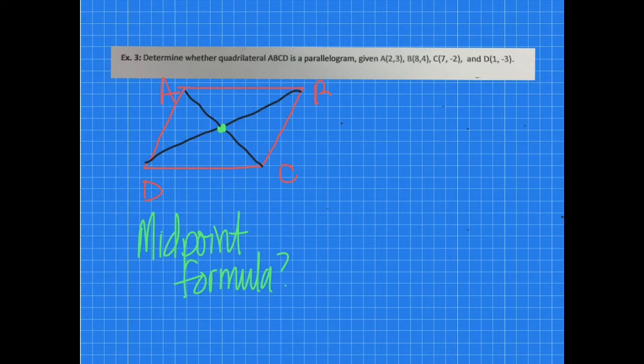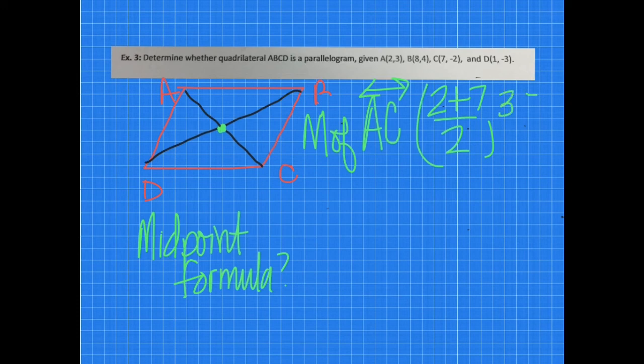The midpoint of AC, because that's my diagonal there, is, well, point A, the x-coordinate is (2 + 7)/2, and the y-coordinate is (3 − 2)/2. So the midpoint takes place at 9/2, 1/2. That's the ordered pair, 9/2, 1/2.